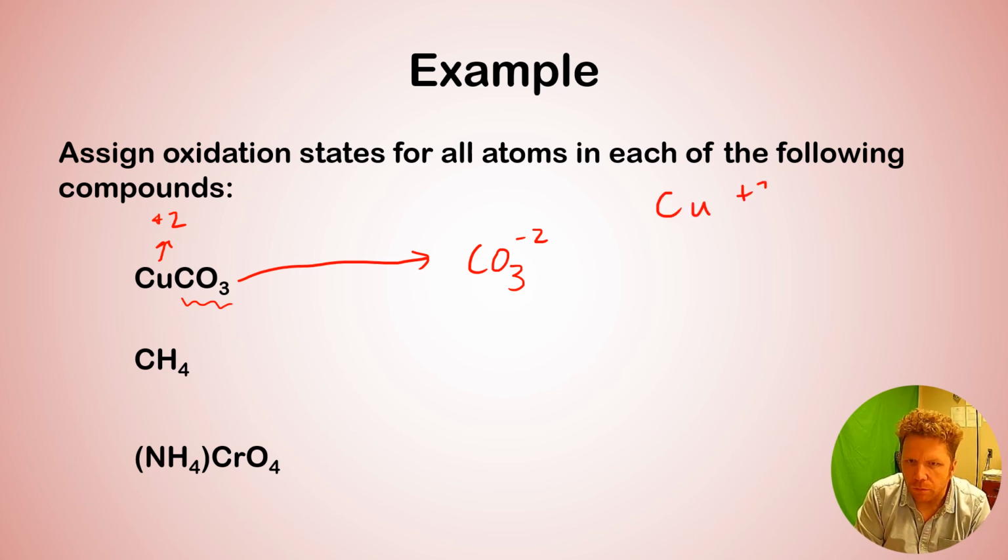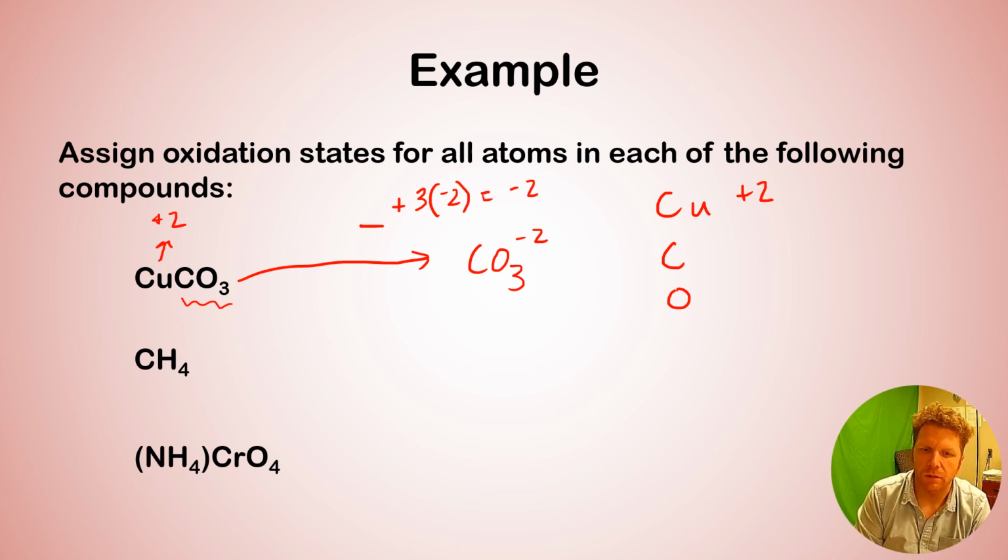Cu is +2. Now we need carbon and oxygen. Well, if the 1 carbon and 3 oxygens add up to be -2, then effectively we've got a math equation that looks like this. Blank plus 3 times -2, because that's our typical charge for oxygen, that is equal to -2.